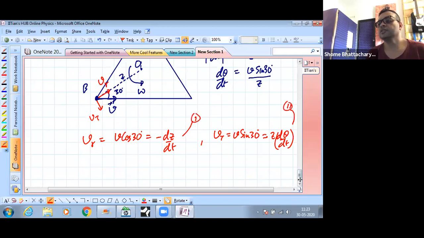Okay. So this is telling me that d theta by dt is v by 2z. Now in order to solve this, I need z as a function of time. That will come from this: root 3 by 2 v is minus dz by dt.